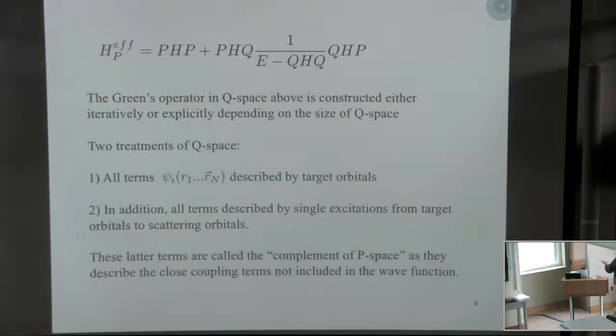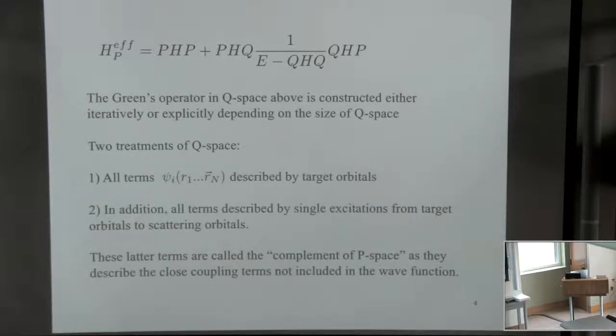Okay, so to construct this, we have to construct that Green's function. We do this depending on the size, either explicitly or iteratively. And in general, we use either of two treatments. One, we just include those configurations that are described only by the target orbitals, the orbitals that we use to construct our target states.